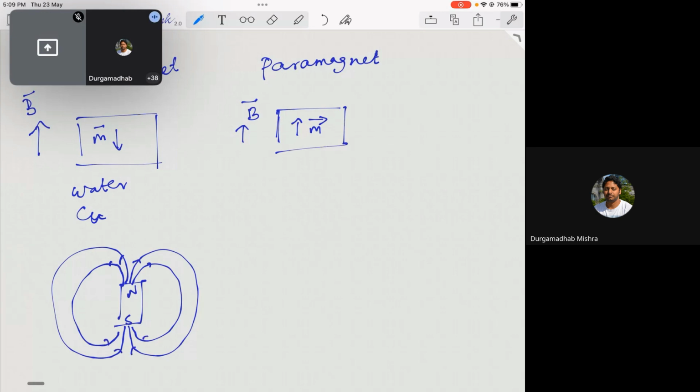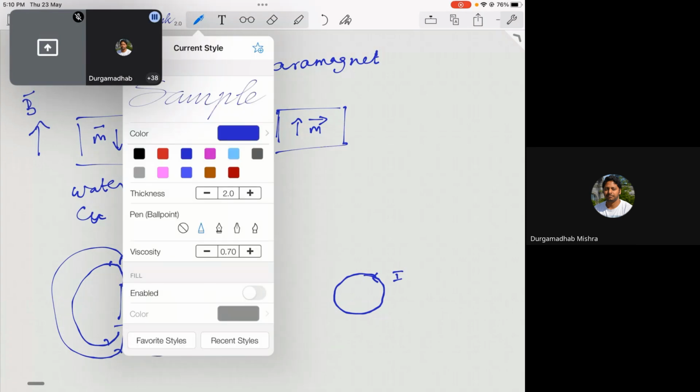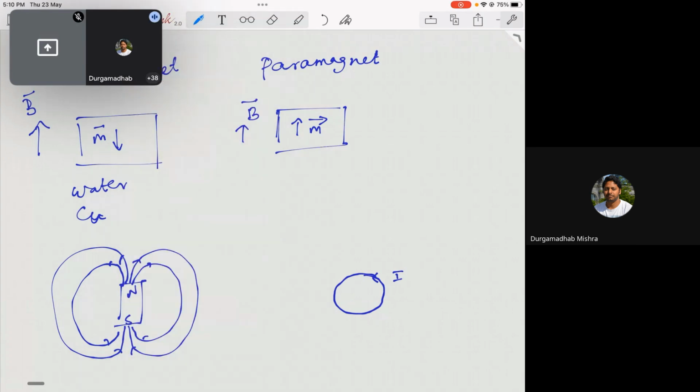And if I take a circular loop carrying a current, the magnetic field produced by this current-carrying wire is also very similar.